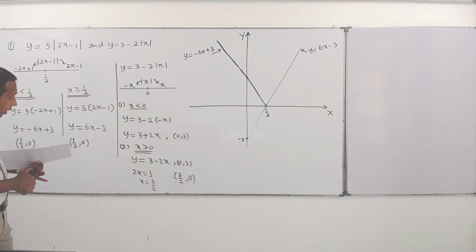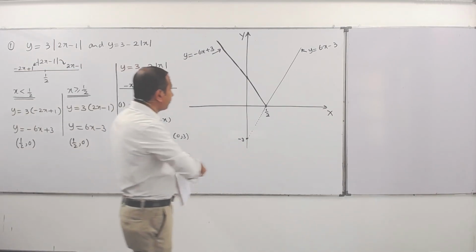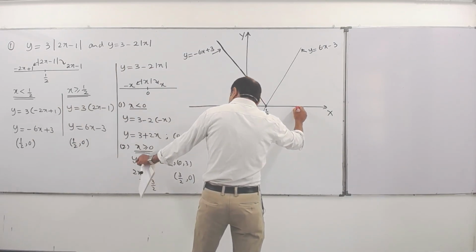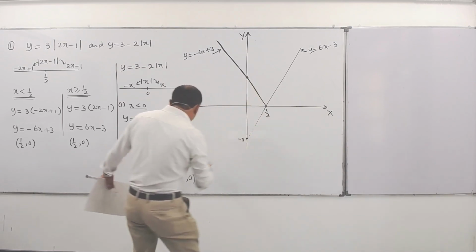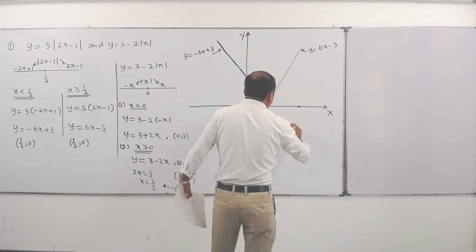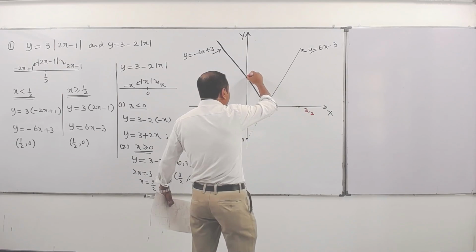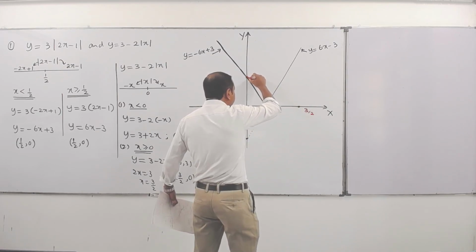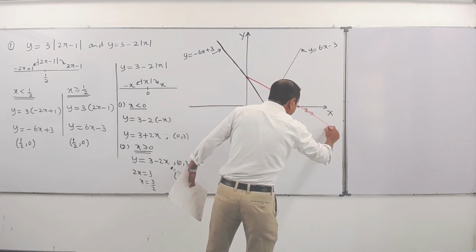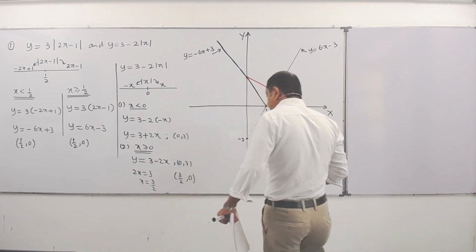To draw this line on the right hand side of 0, one point is this, the other point is x 3 by 2, y 0. Then the line comes in like this. This is the equation y equals 3 minus 2x.